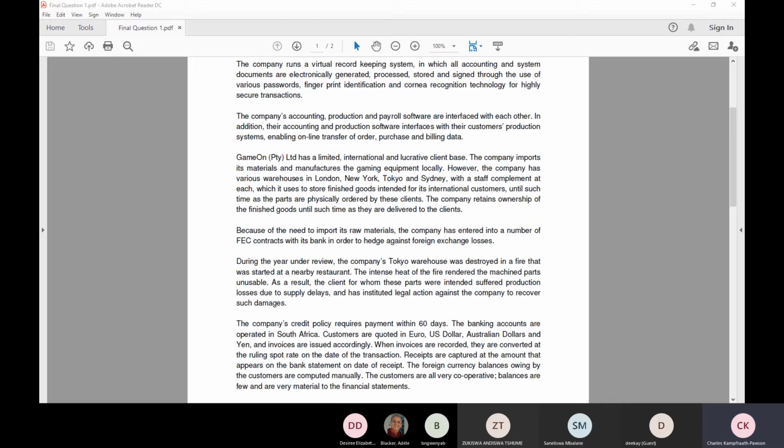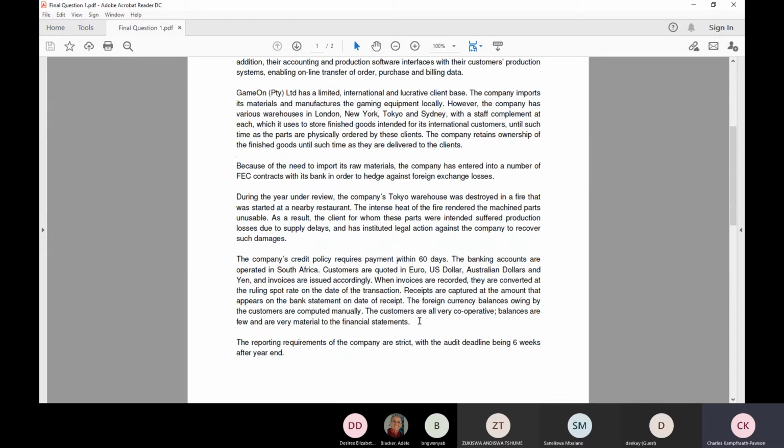And then something else that's standing out in this question is the litigation relating to the fire. So they say here, where is that? During the, yeah. As a result, the client for whom these parts were intended suffered production losses due to supply delays and has instituted legal action against the company to recover such damages.